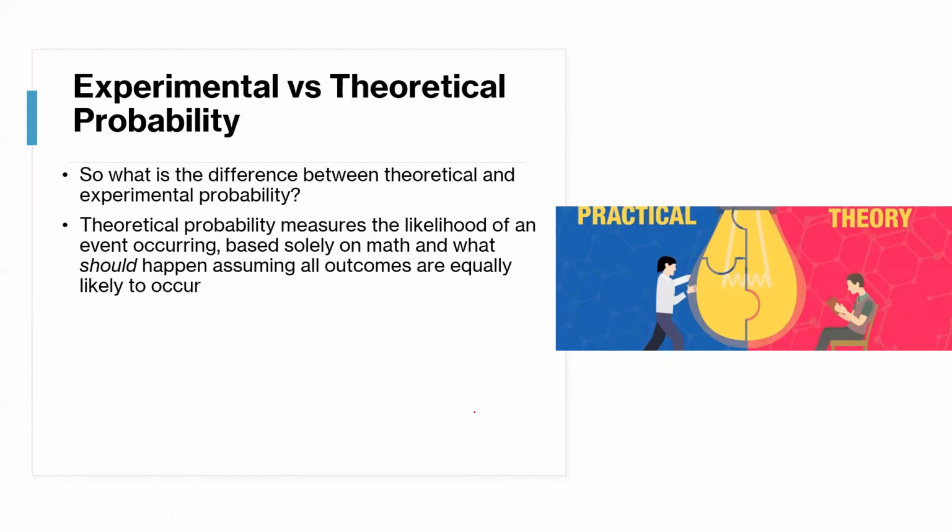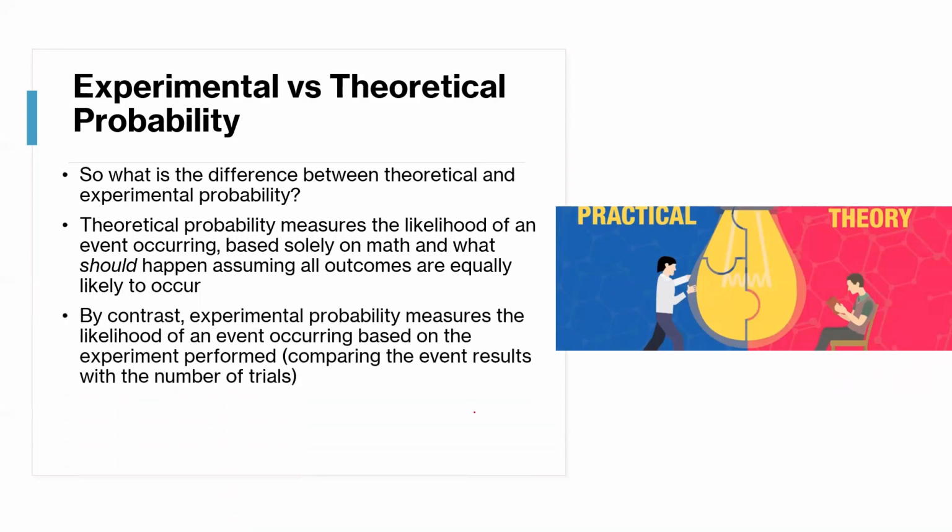So we're not actually carrying out an experiment ourselves. In the last couple examples, we did not do any sort of simulations. We did not get a virtual dice or a virtual coin. We did that in the last lesson. We're not doing it now because this is based solely on math, and we assume all the outcomes are equally likely to occur.